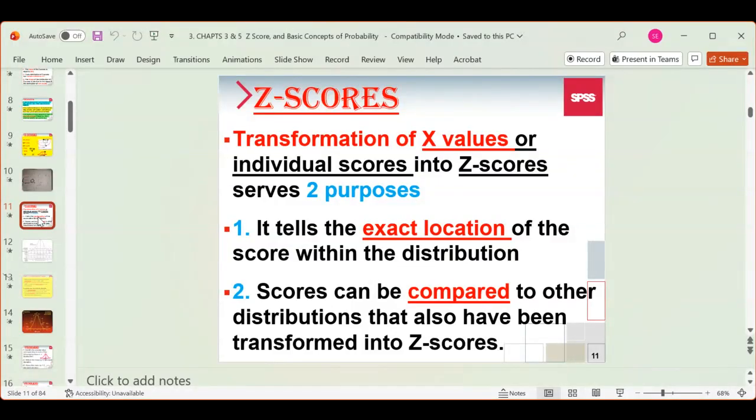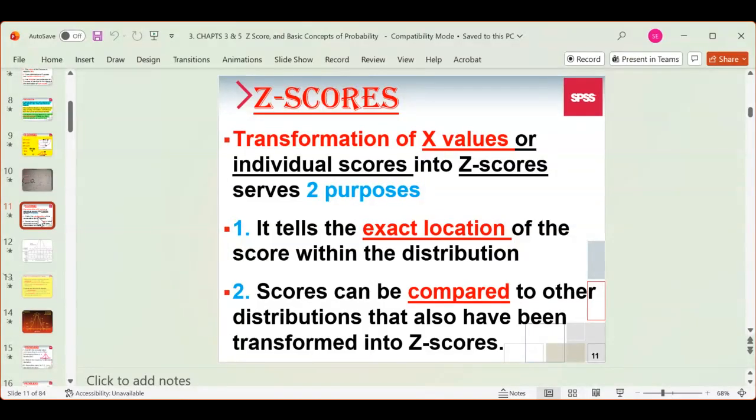Like, if somebody takes an IQ test and we tell them your IQ is 130, and they don't know what that means, Z-score tells us exactly where they stand. You can calculate where the person stands by using Z-scores.